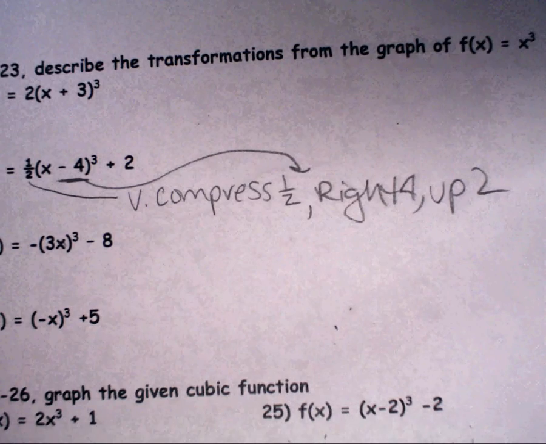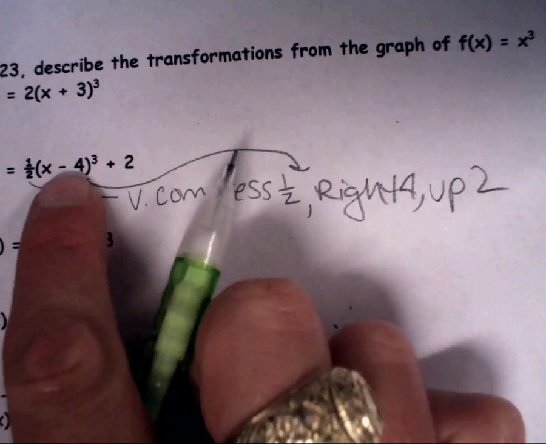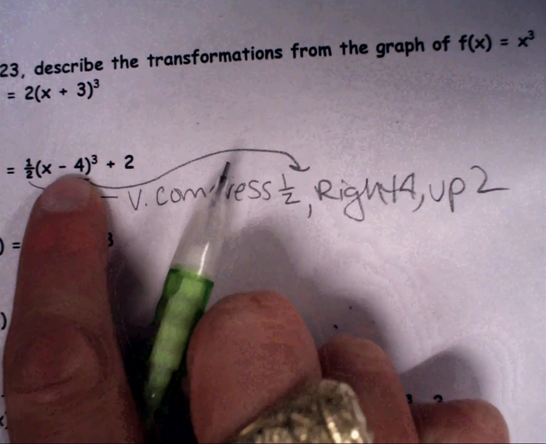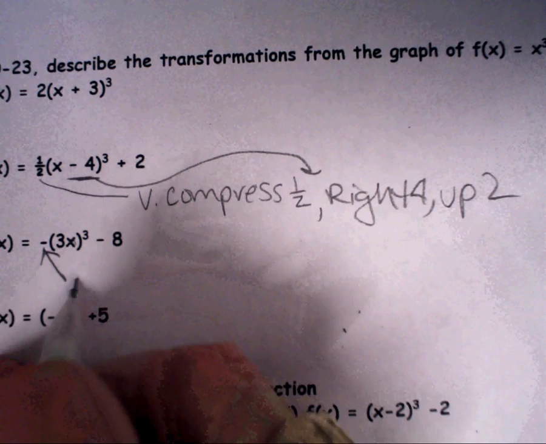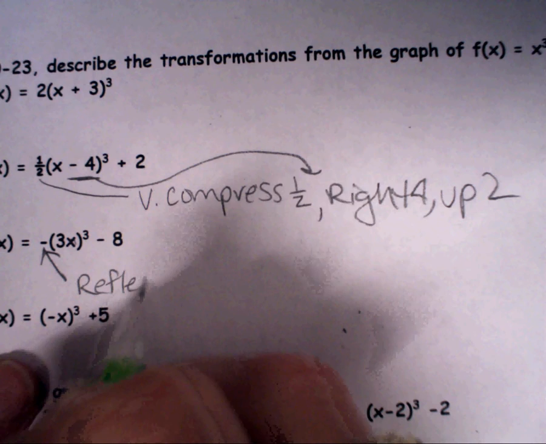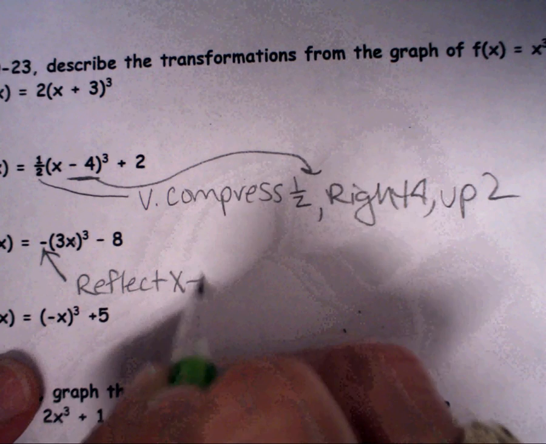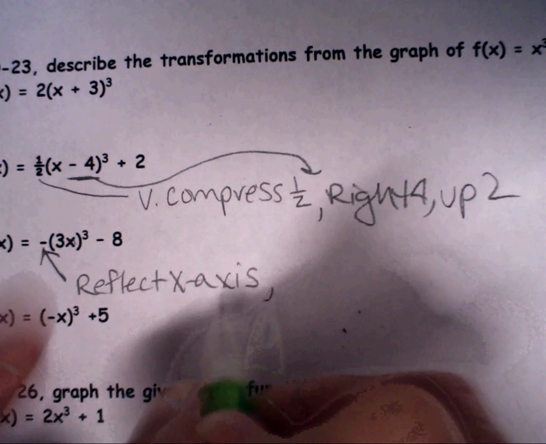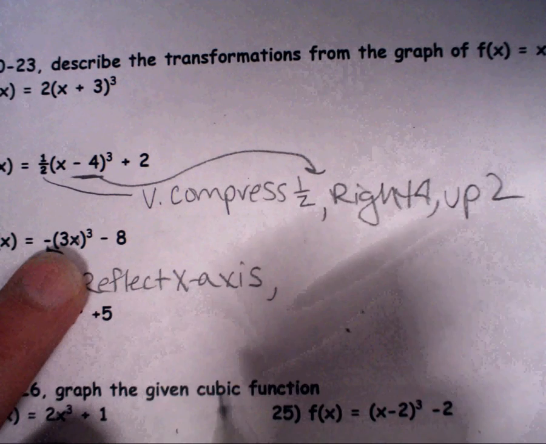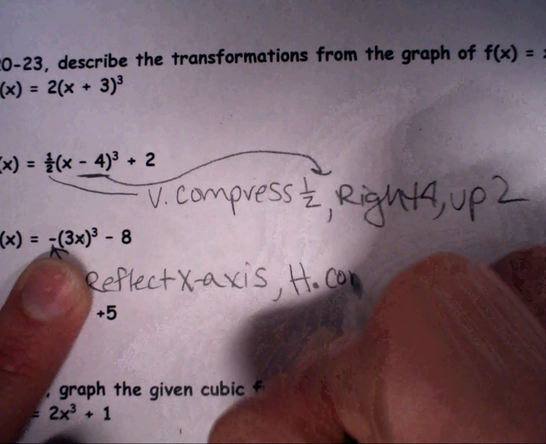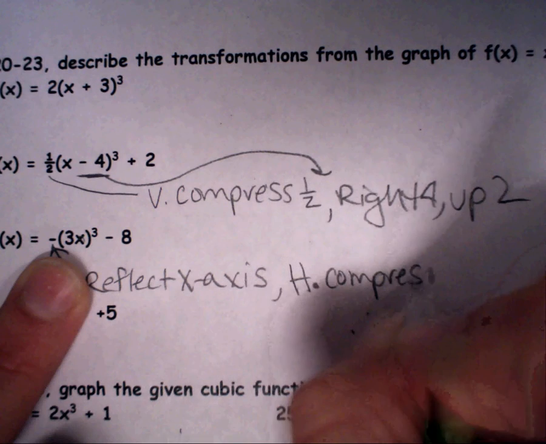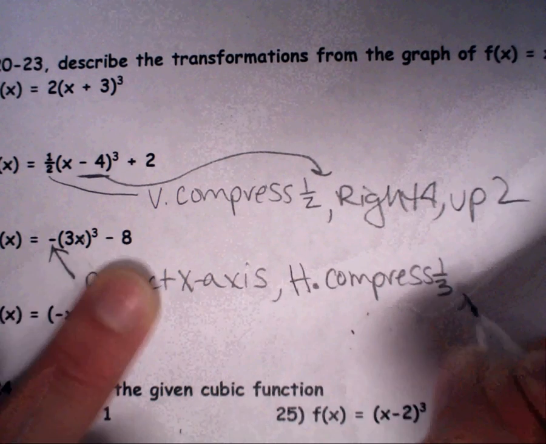Remember, if it's inside, it's a horizontal change, and if it's outside, it's a vertical change. So if we look at this one, it is a reflect over the x. The 3 inside is going to change it horizontally, but it's lying to you. So it's actually a horizontal compress by 1/3, and then the -8 makes it go down 8.